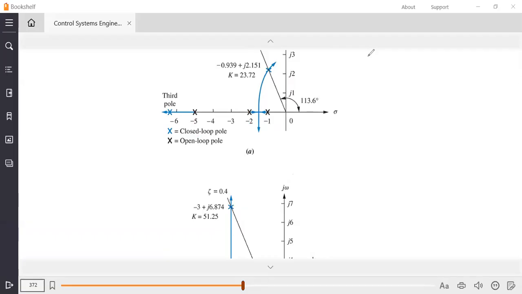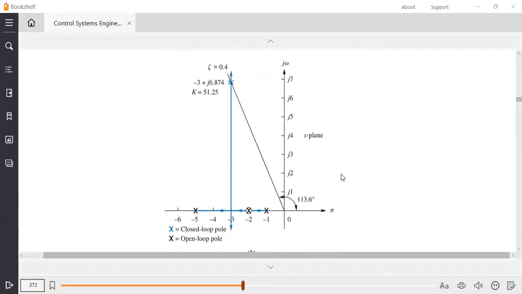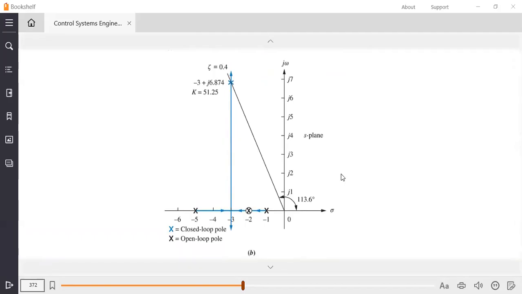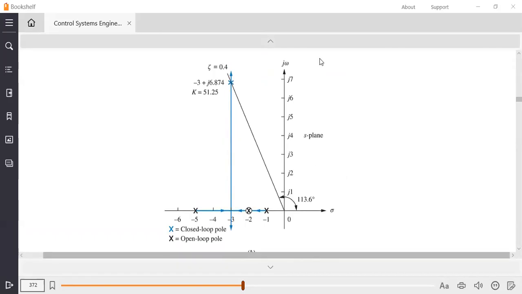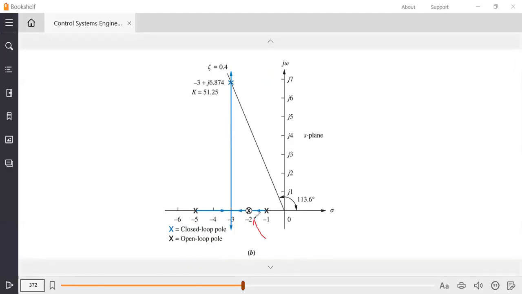Now we are introducing 1 zero, with 3 different figures and 3 different locations of the zero. Here the zero is at -2, and since we already had a pole at -2, the pole-zero cancellation is directly effective.